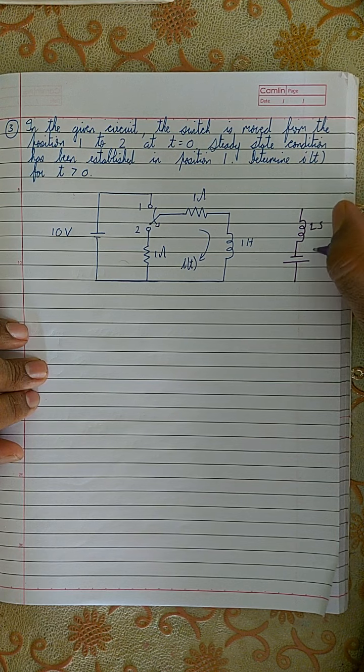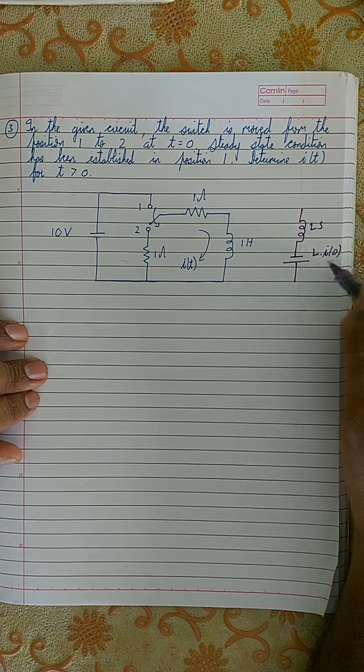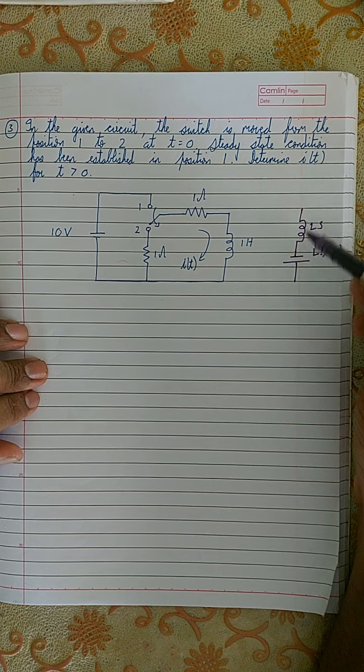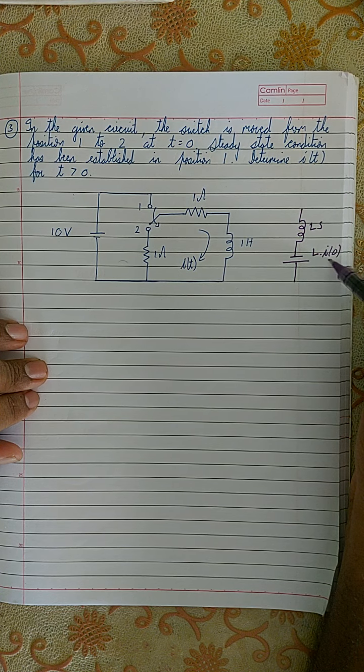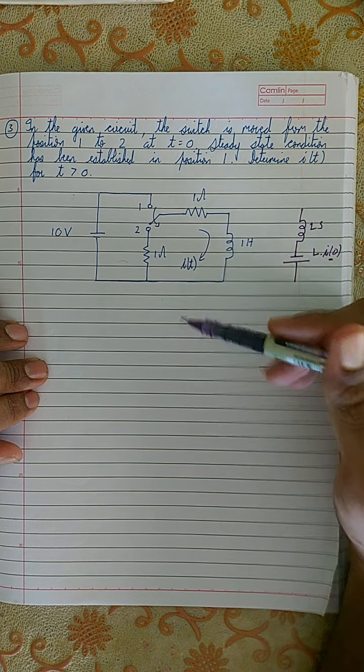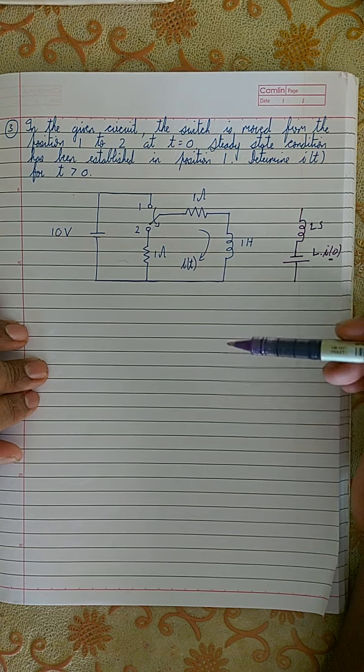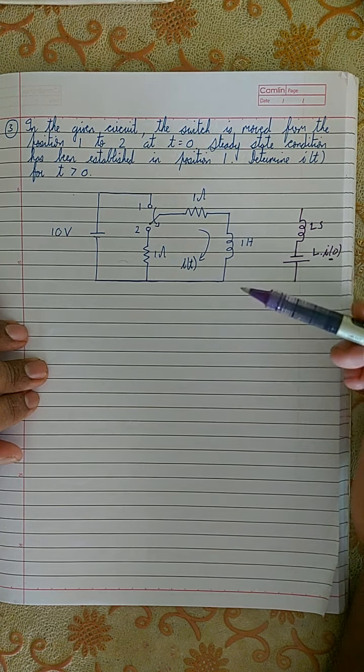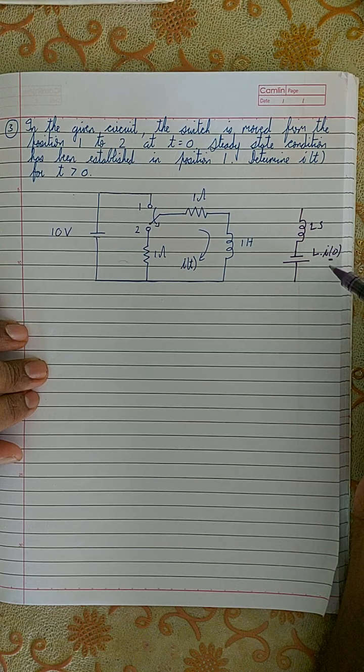It is represented by L into I of 0, where I of 0 is the initial current through the inductor. So if you want to find the value of I of 0, you need to draw the circuit in which the steady state condition has been achieved, and in that circuit only, you can find the value of I of 0.